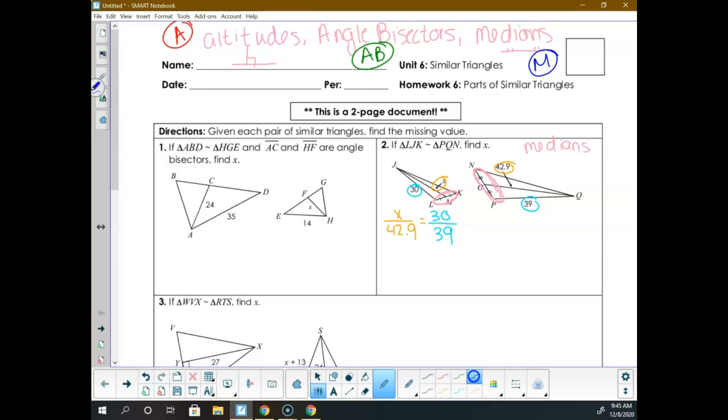This one straight up says angle bisectors, so we're going to use AB. And while we kind of go through and do this, we might as well just write in what the answer should be, so you know. All right, so X should equal 9.6. This one with it being medians, X should equal 33.